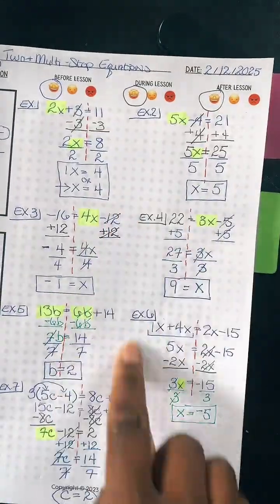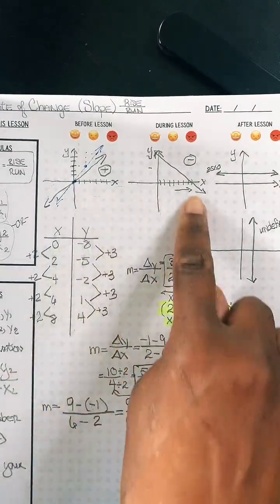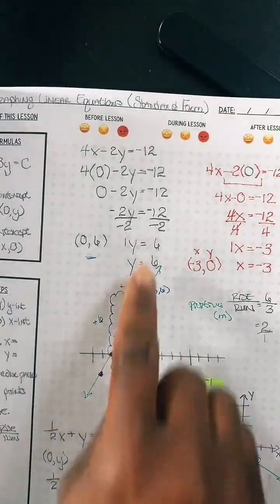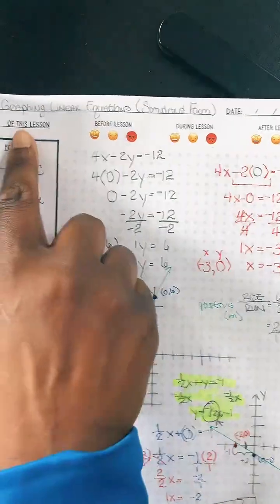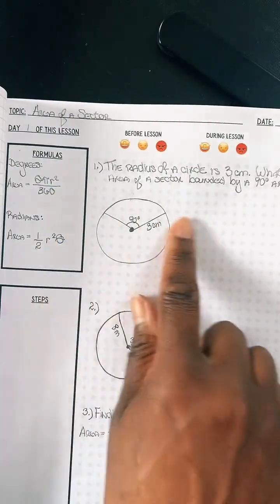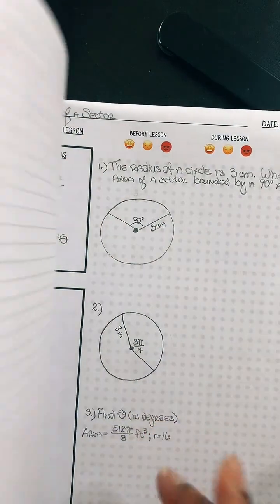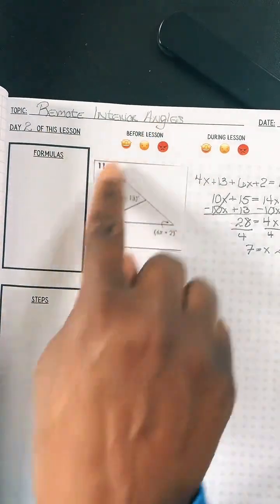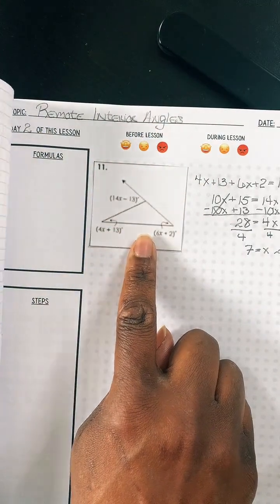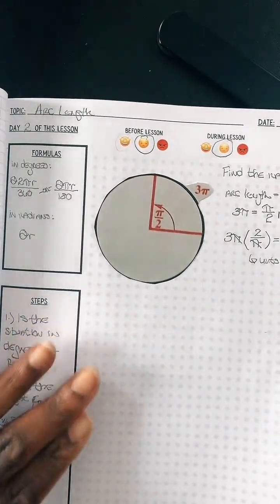I like to do this with dot grids, because you can do graphing. You can do solving, you can do graphing linear equations. We can do things with geometry, like the area of sectors, and have those examples as well. Also the remote interior angles, which I'm dealing with my geometry kids as well. So all this can be in their books.